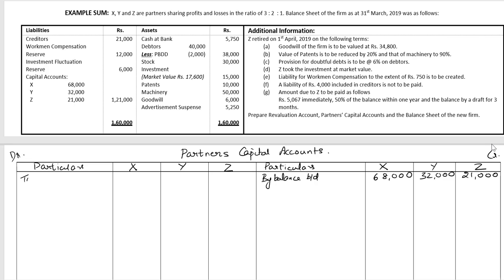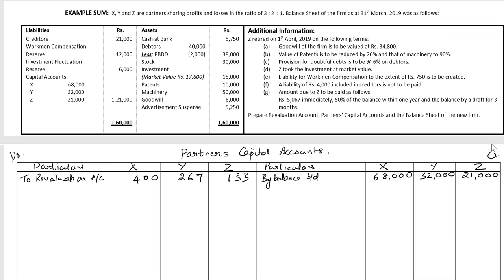We'll transfer the loss on revaluation to revaluation account. As per the revaluation account, the loss was 400 for partner X, 267 for partner Y, and 133 for partner Z. Next, we'll deal with the reserves and the fictitious assets. There's a workman compensation reserve of rupees 12,000, and it says the liability for workman compensation to the extent of 750 rupees is to be created.